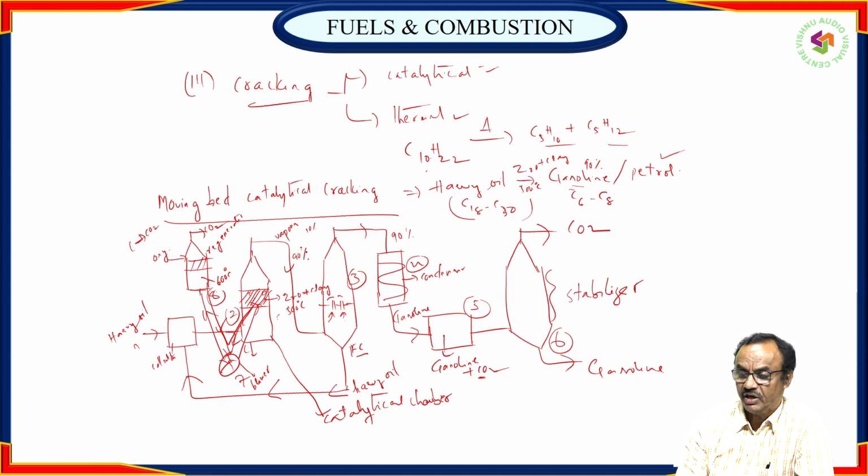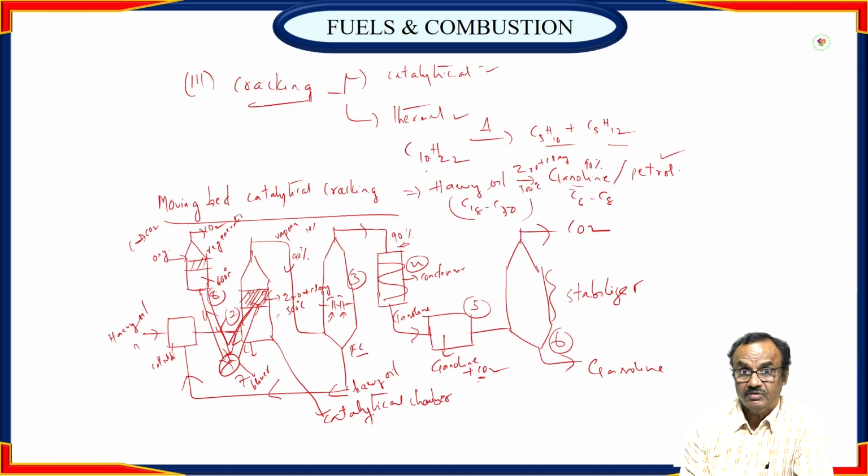The remaining 10% unbroken heavy oil can be separated by passing into the fractionating column, and sent back for reuse. Next, pass the 90% gasoline vapors into the condenser, where it condenses. Still it contains impurities like dissolved carbon dioxide, separated by passing it through the stabilizer.